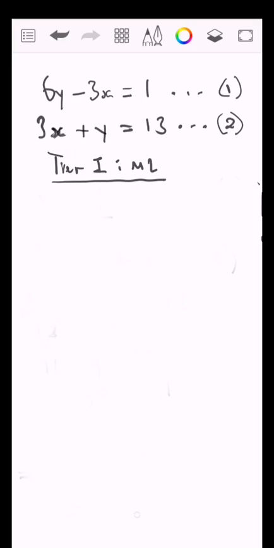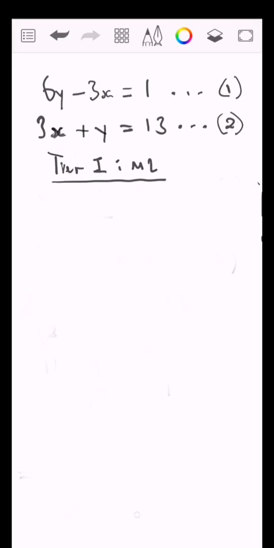And the essence of tier number 1 is to show you that when elimination is taught, we do not eliminate to find both x and y. We just eliminate to find either x or y, then substitute what we have found to find the other variable. So this is going to be tier number 1.